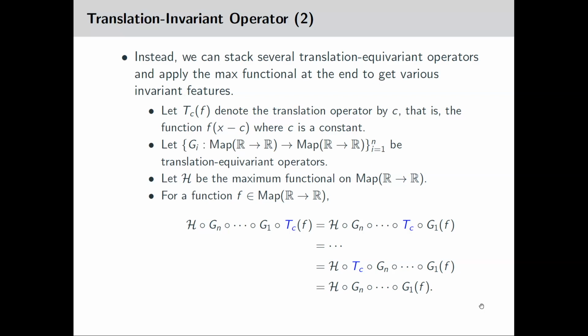So what we can see from this is that the composition of these operators from H to G1 becomes a translation invariant operator. This means that we can obtain various translation invariant operators by making different GIs, different translation equivariant operators. So now, how can you make these GIs? How can you make these many translation equivariant operators?